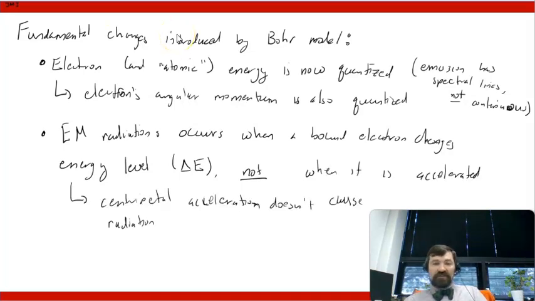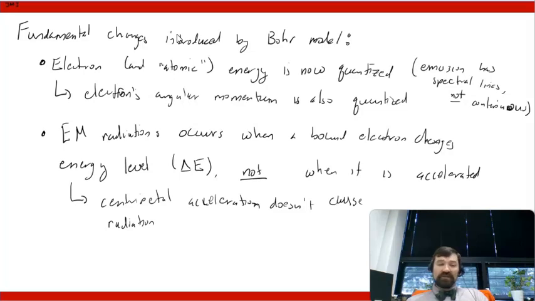Thus, centripetal acceleration doesn't cause radiation. That's also important because that's a break from classical predictions which say that if you accelerate a charge, the charge will radiate. That's the classical explanation for how an antenna works, for example. How do you make electromagnetic radiation via an antenna, half-wave antenna?